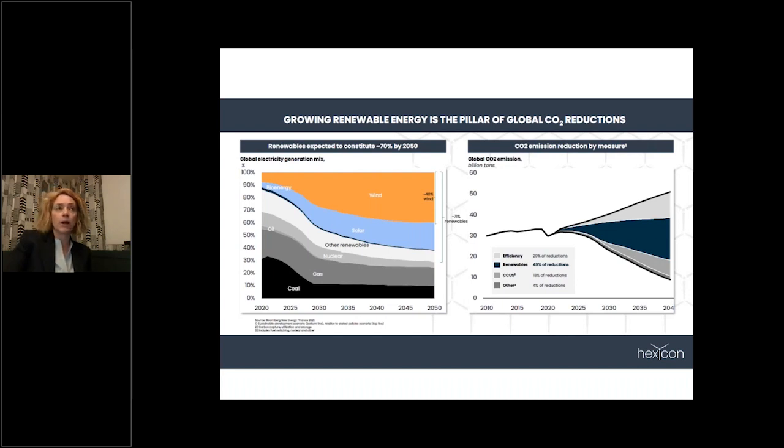So really, the conversation about offshore wind and now in this next chapter, floating offshore wind, is really the continuation of an important dialogue that has been accelerating globally. So ultimately, the growing role of renewable energy is really a pivotal portion of our collective work and drive to reduce global CO2 emissions.